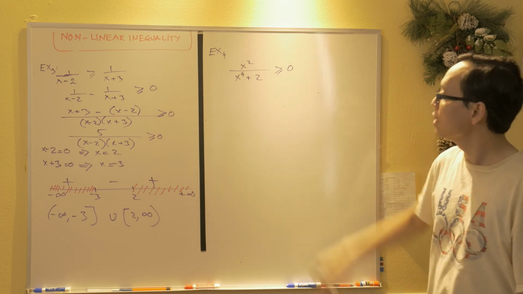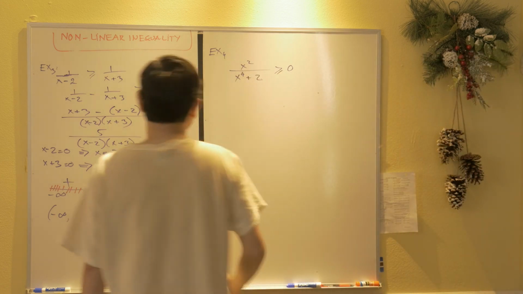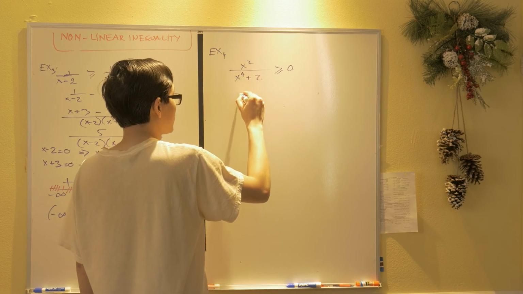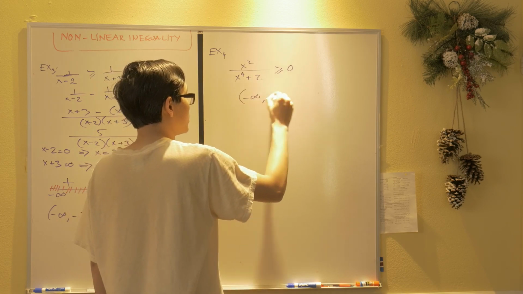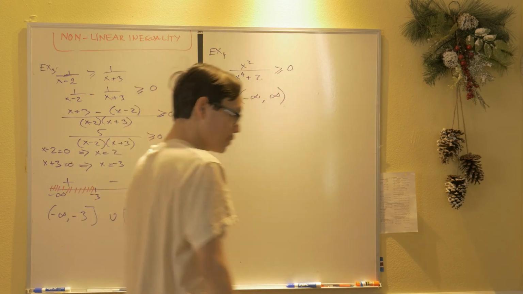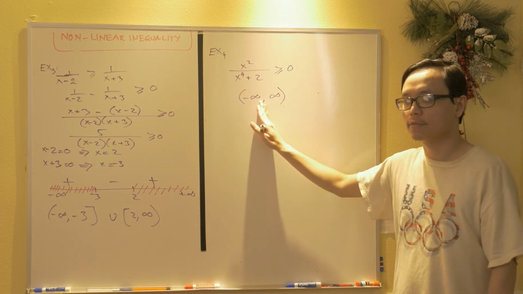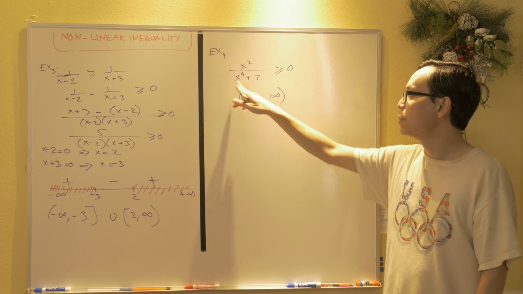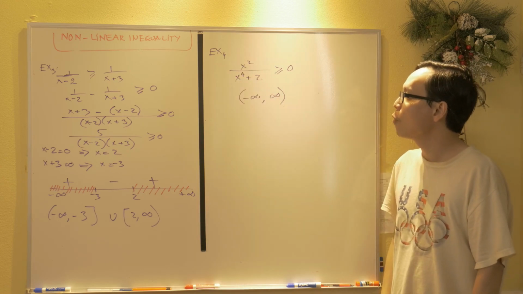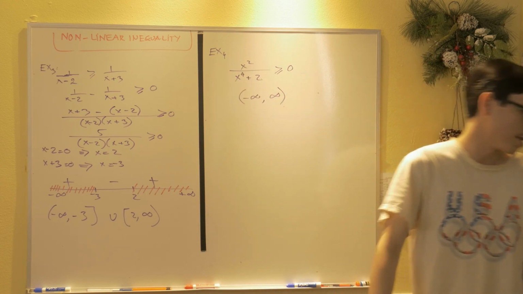If you see something like this, the solution will be negative infinity to positive infinity, because it's common sense. No matter what value inside this interval you plug in here, it's always greater than 0.